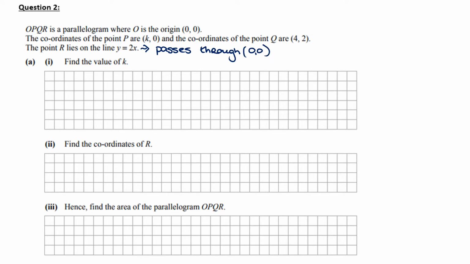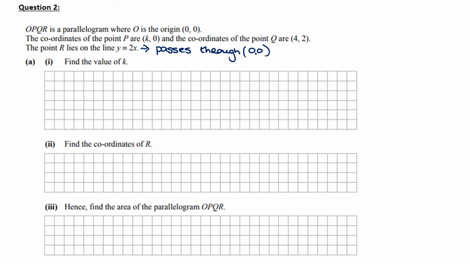Okay, so OPQR is a parallelogram, and we're trying to figure out the value of k. We don't really have enough information. If we had 3 points, we could work with distances, but we don't. However, with a parallelogram, like the name suggests, the sides are parallel.